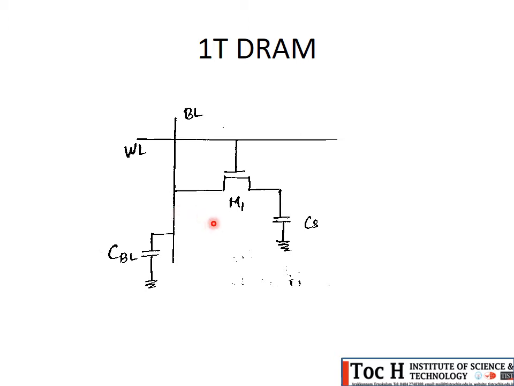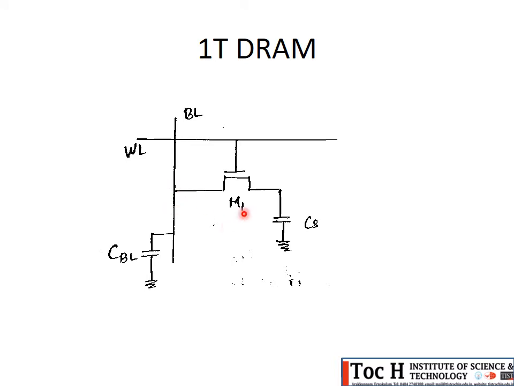Now consider the second case. Suppose we have a storage value 0 and we have pre-charged BL to VDD by 2. As we enable the word line, M1 gets turned on, and the voltage at the bit line will be more than the voltage at the capacitor. So the charge gets shared to the capacitor, and the voltage in the BL will drop.